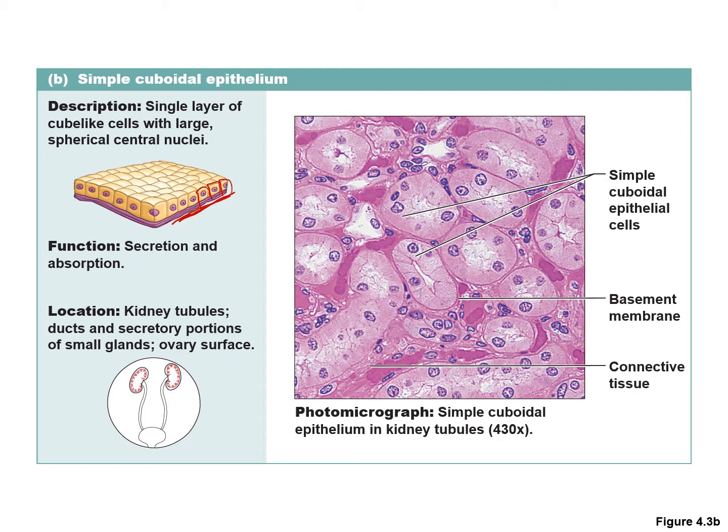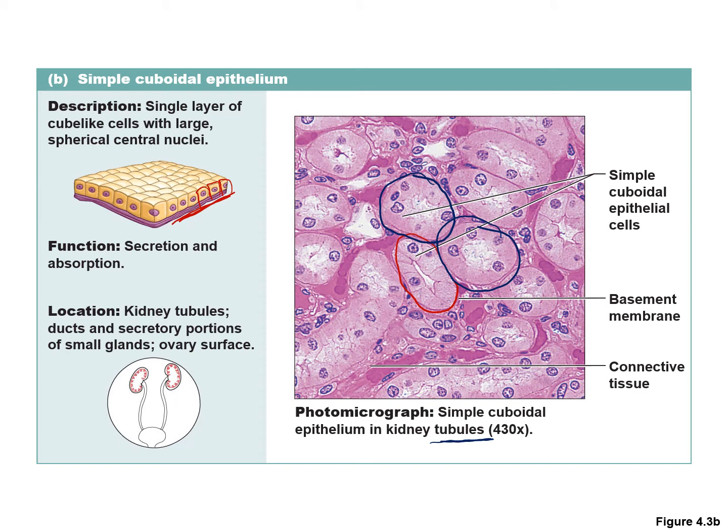So if you look at this photomicrograph, you see this is a tube, right? So here's the whole tube. Maybe I'll take a blue color so we can see better. So here's another tube. Here's another tube. And this is actually kidney tubules.